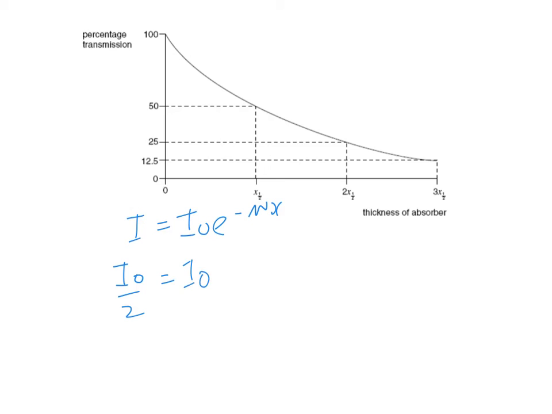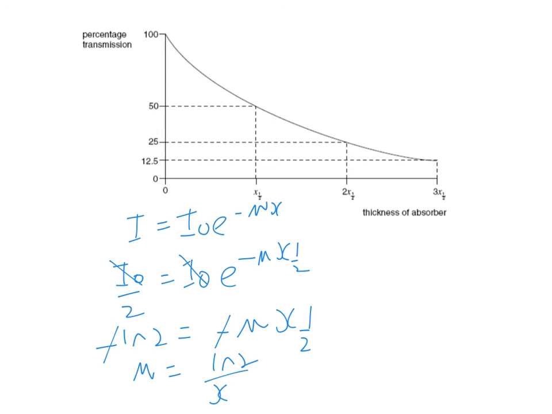So then we will call the thickness x half. We cancel this I naught, then we ln both sides. So ln half is also equal to negative ln 2. And if you ln e, the ln e will disappear, so you get negative mu x half. So cancel the negative, and therefore mu equals ln 2 over x half.